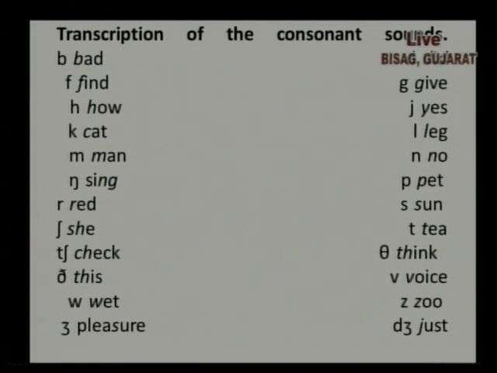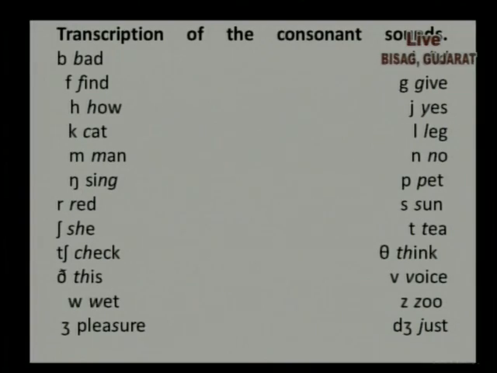Then you have the word cat, where the spelling is C-A-T, but the pronunciation is k. You don't say sat, which would be S-A-T. Here you say cat and the pronunciation is k. That is why you have the symbol k, as we use in the lowercase alphabet. That is the symbol for cat. Then you have man.